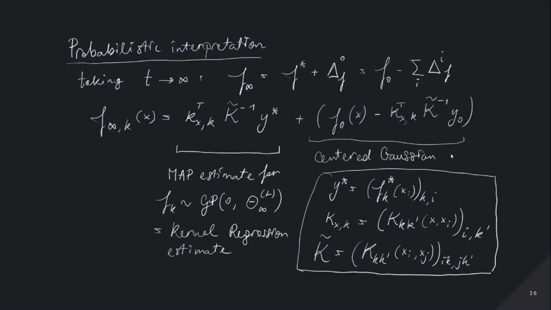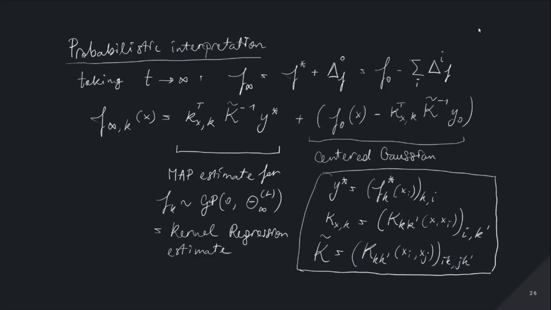And actually we have a nice probabilistic interpretation of this. If we take the limit as t goes to infinity, we get something that looks like f of infinity equal to f star plus my kernel term, and I can rewrite it as f0 minus this term.